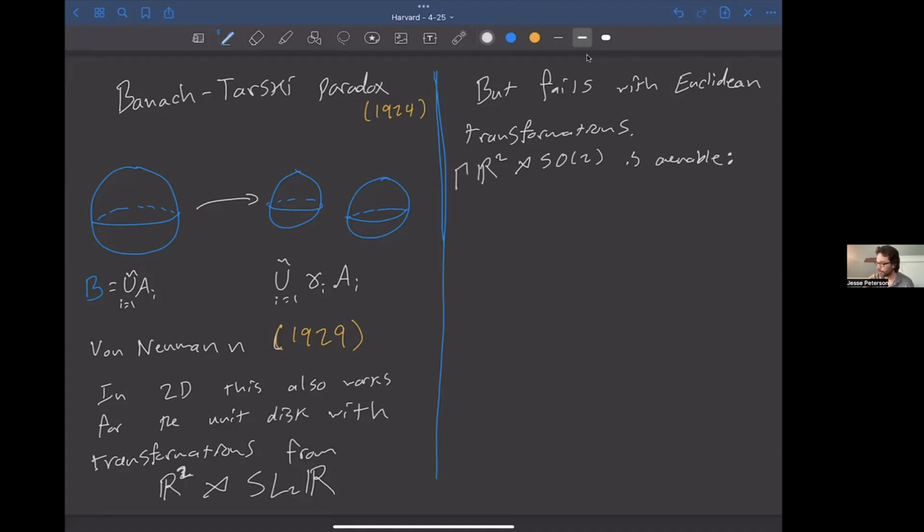Specifically, if this group is called gamma, then there exists a state, let's call it phi, from L infinity of gamma to the complex numbers. So a state that takes positive functions to positive numbers that is left invariant, is invariant under left translation.